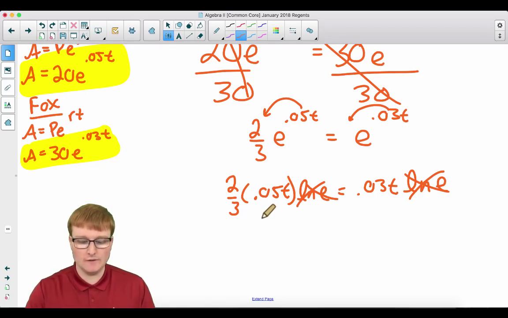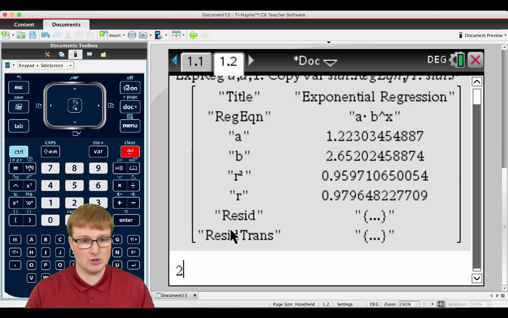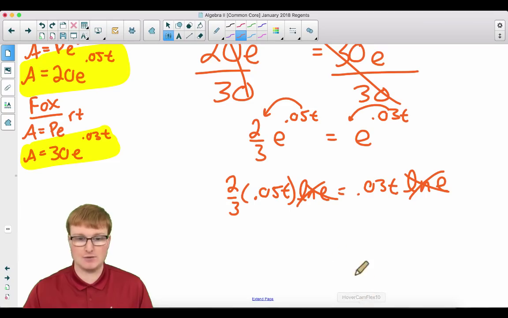Okay, cool. So far, so good. Would that be the most appropriate thing to do? Yeah. So I'm going to do this very carefully. I'm going to take 2/3 and multiply it by 0.05. We get 0.03 repeating.